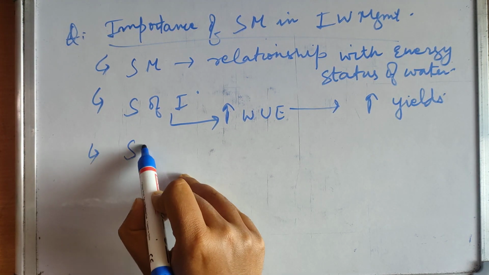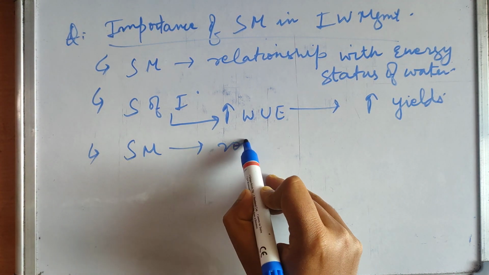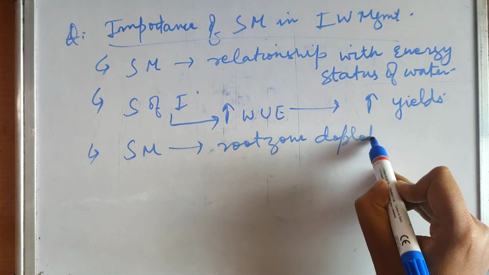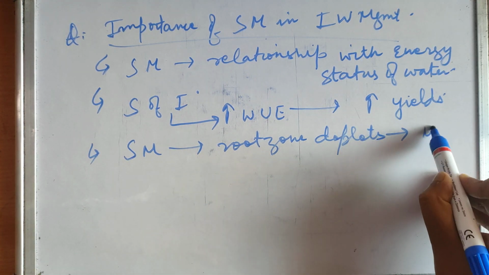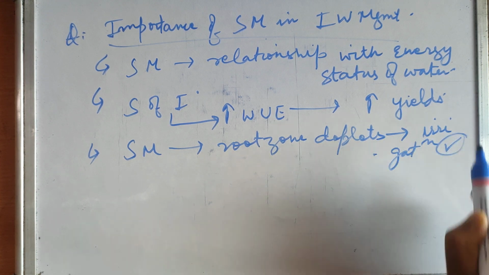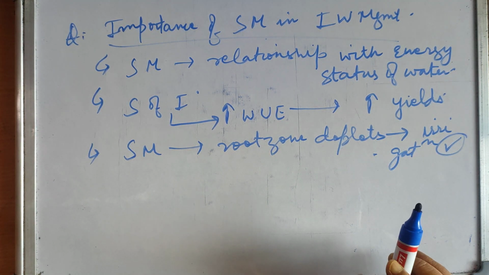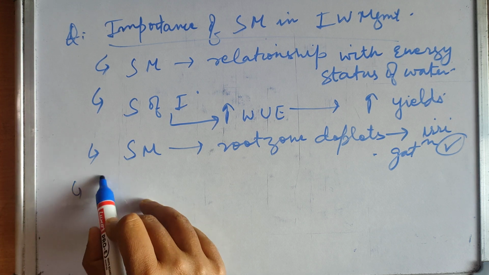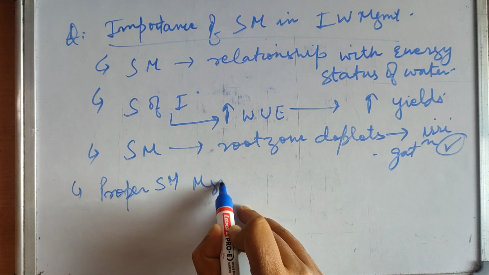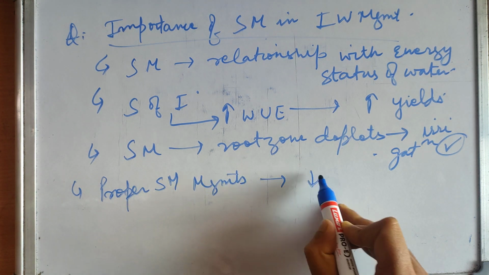When soil moisture in the root zone starts depleting, irrigation is required. Proper soil moisture management helps in reducing runoff losses.